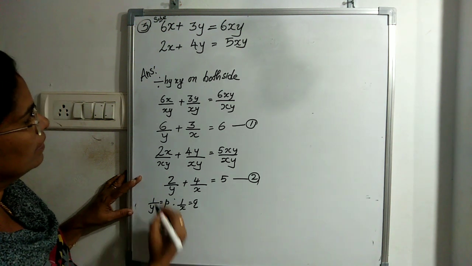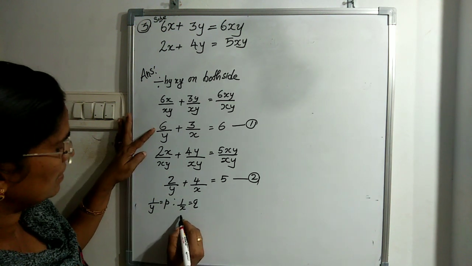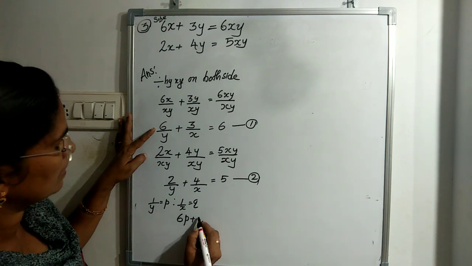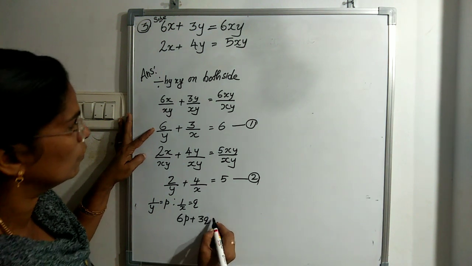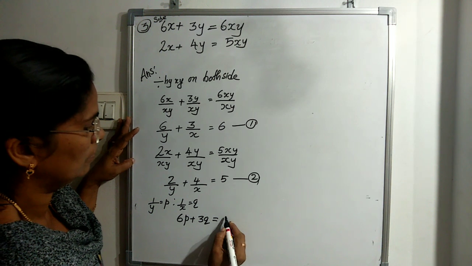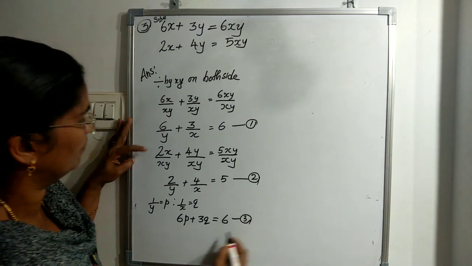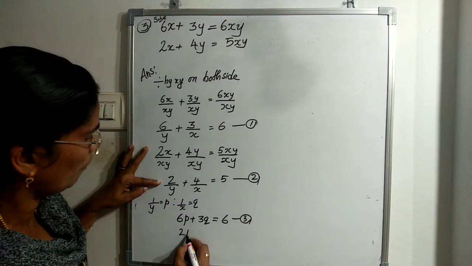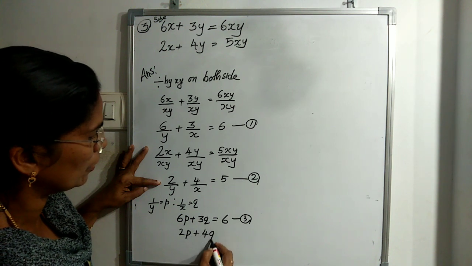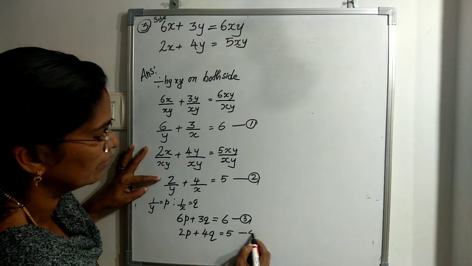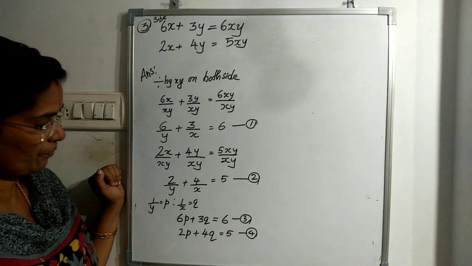So what will happen here? It becomes 6p plus 3q is equal to 6, equation 3, and this becomes 2p plus 4q equal to 5. That is our equation 4.